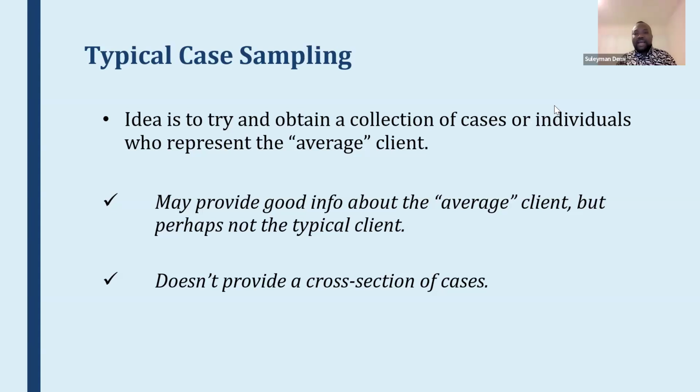That can give you a clear sense of the direction. This typical case may provide good information about the average client, but perhaps not the typical client, and doesn't provide a cross section of cases. So it doesn't give you the various possible cases that you may encounter.